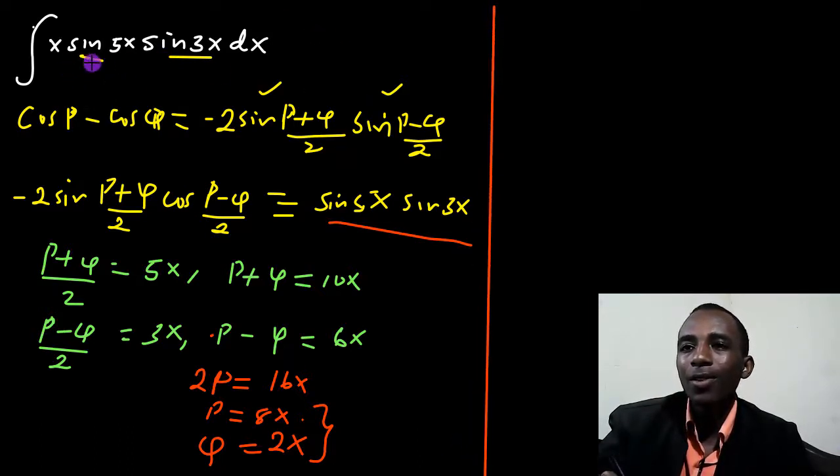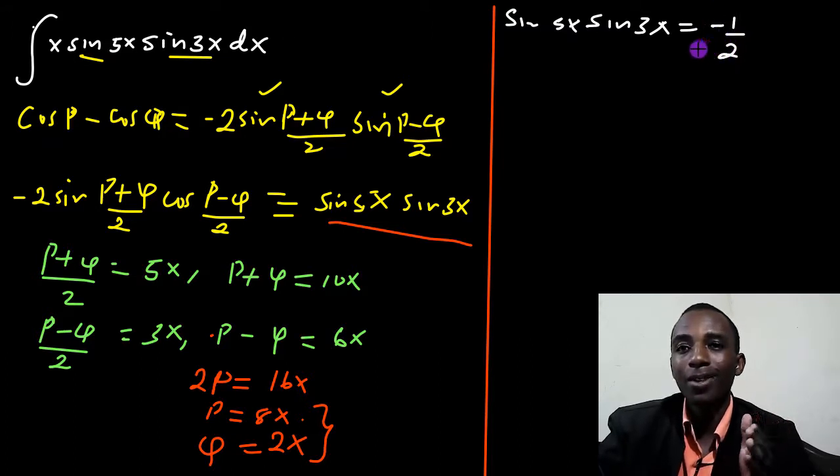So the whole of this, I should now say that sine 5x sine 3x is equivalent or equal to, in this case, negative 1/2. Why negative 1/2? Well, because there is a negative 2 here, so this is negative 1/2.